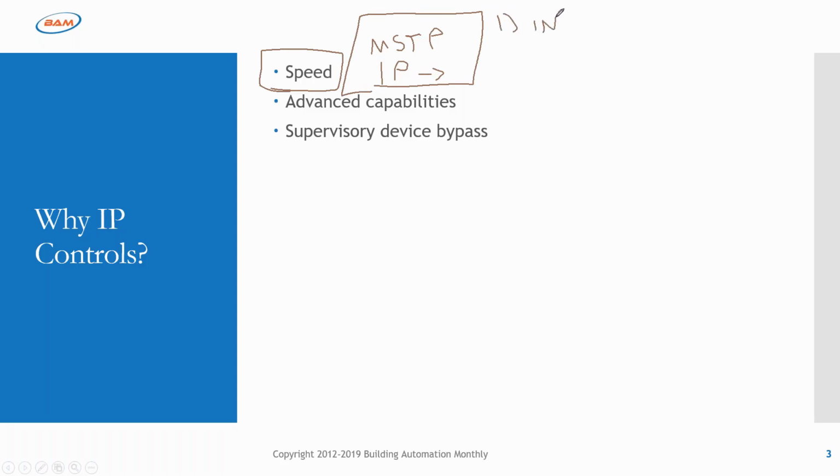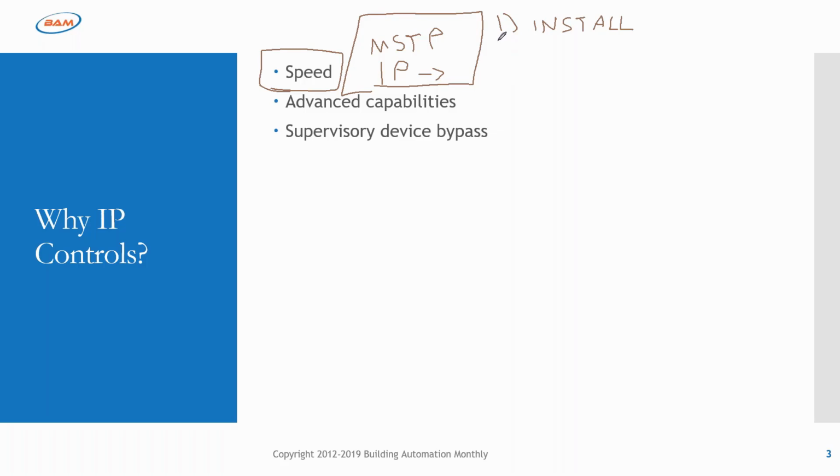One is it's going to affect our install. How many of you, and I realize you can't answer me, so you're just going to have to pretend we're having a conversation here, have gone to install MSTP controllers and do a mass download of programs and sat there for 30 minutes?